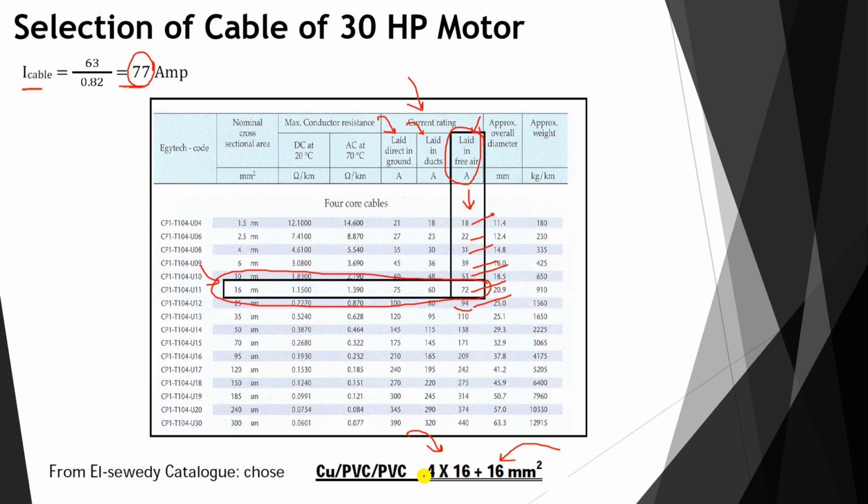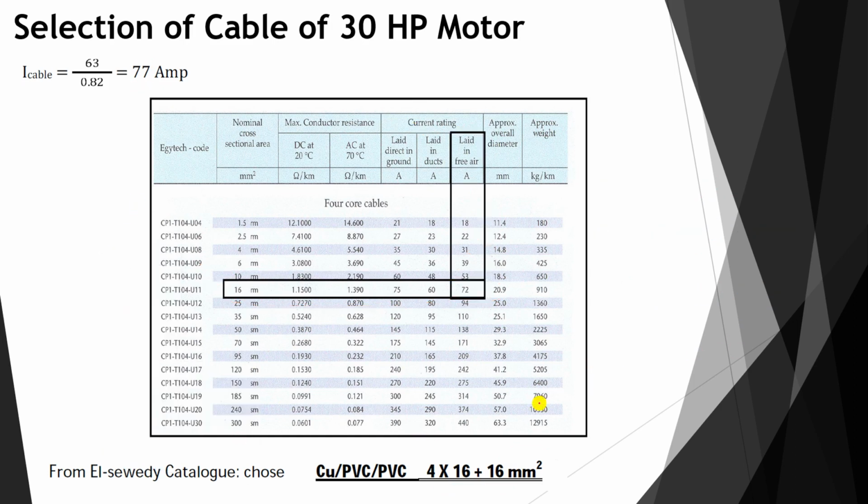The 4 core here represent the 3 phase and 1 neutral, and 1 is for the earthing. So this is the earthing and this is the 4 core representing the 3 phase and the neutral, okay.